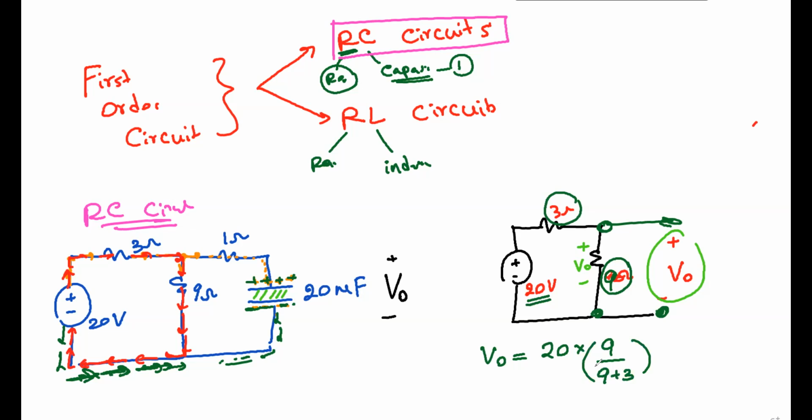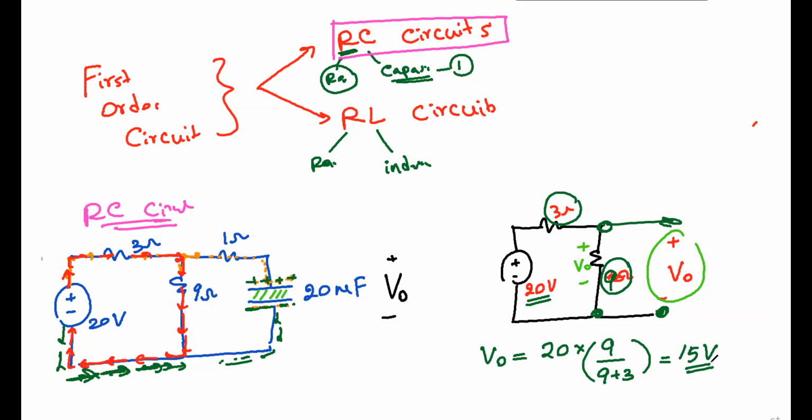Is that how we write the voltage division rule? So this voltage V naught will be 20 times 9 divided by 12. So that will be 15 volts. Is that right? Am I right, guys?